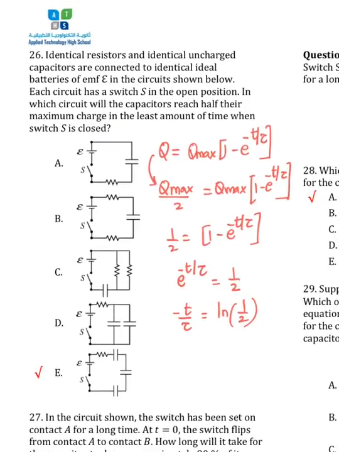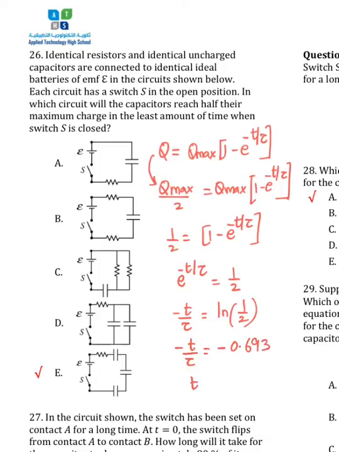So negative t over tau is ln half, which is negative 0.693.